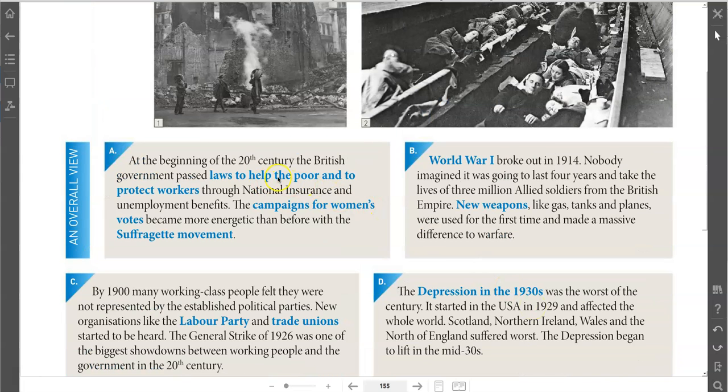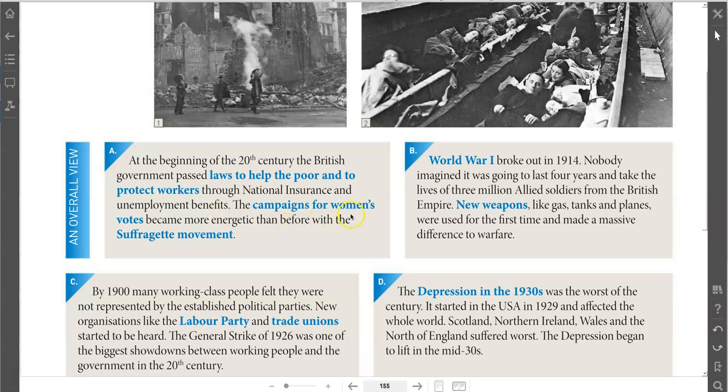At the beginning of the 20th century, the British government passed some laws to help the poor and to protect the workers through the national insurance, and also some unemployment benefits.